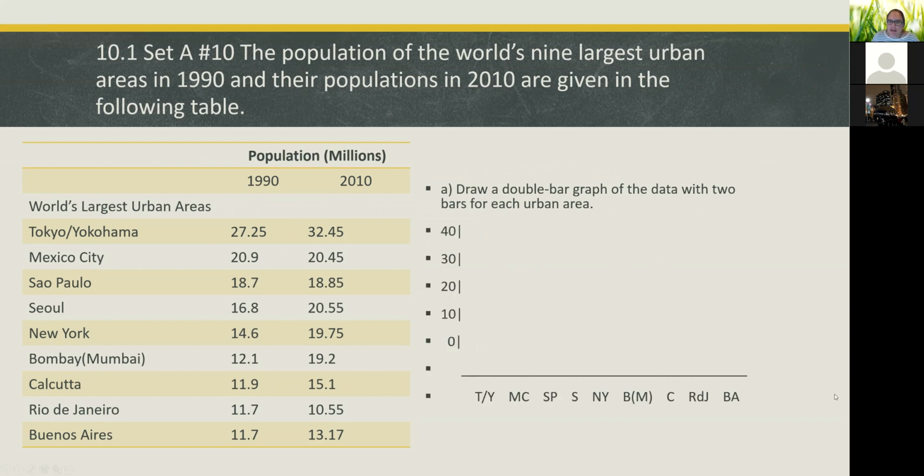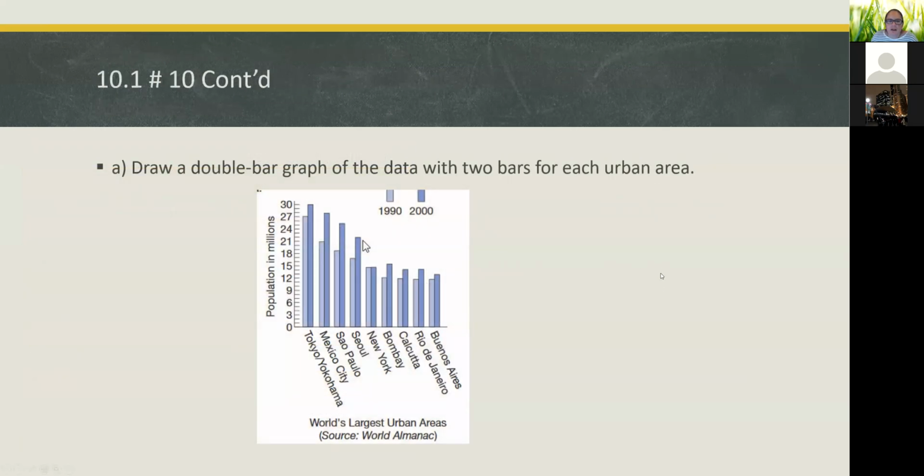So it's going to look something like this. And one bar will be for the population in 1990, and the other bar will be for the other population value. I didn't have enough room to write out all the names, so I abbreviated. And when I did that, I came up with a graph that looks like this. So we can kind of compare the 2 values.